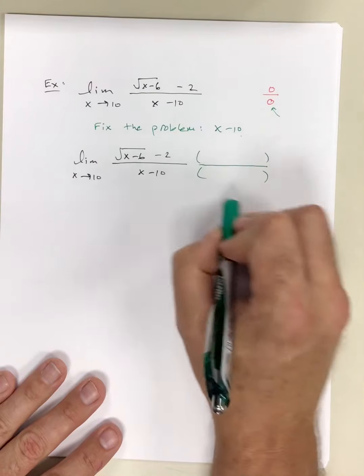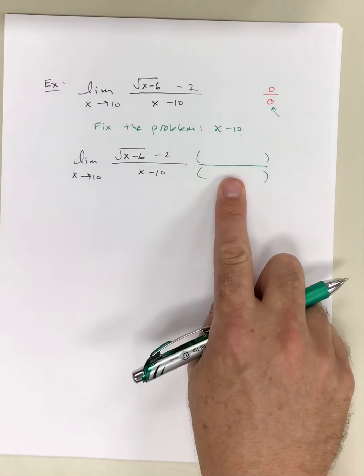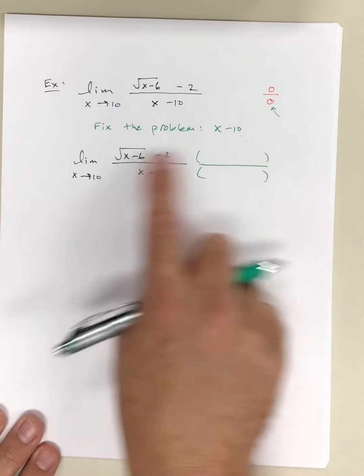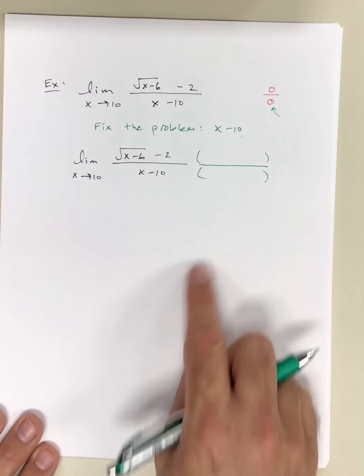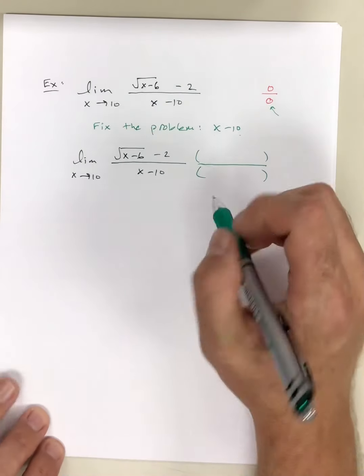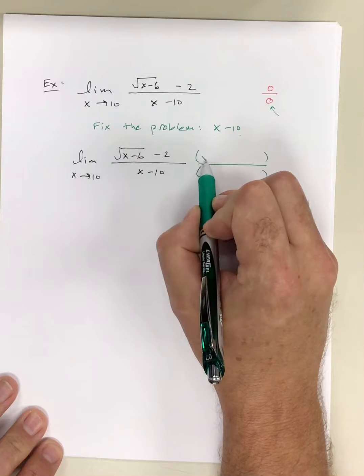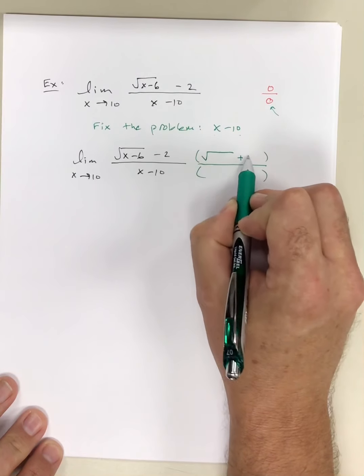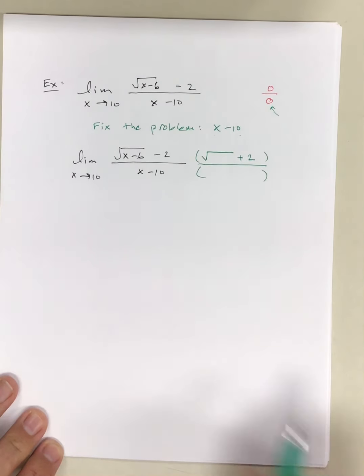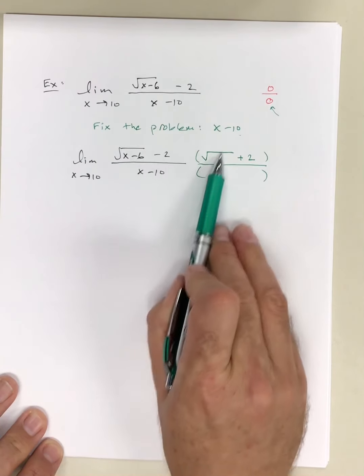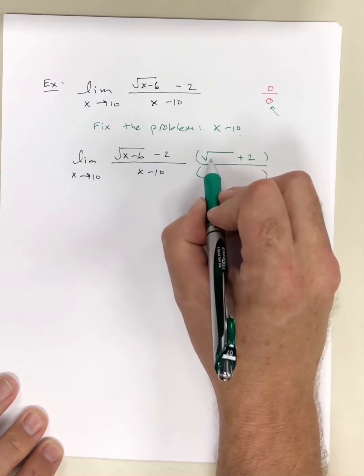Remember that anytime we do that, we're multiplying essentially by 1, where it's defined, and it'll change the appearance and let us do some simplification steps without changing the value. And what I'm going to choose to multiply by will be the conjugate expression. The square root minus 2 has as its conjugate the square root plus 2.